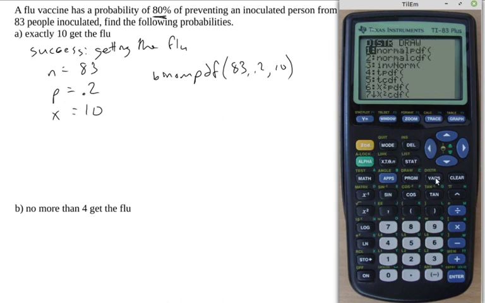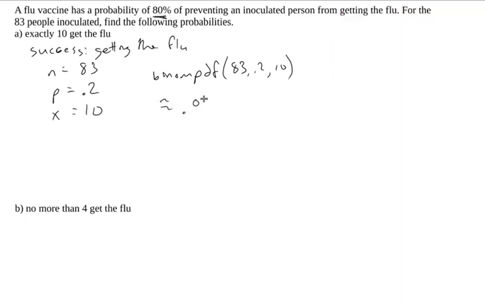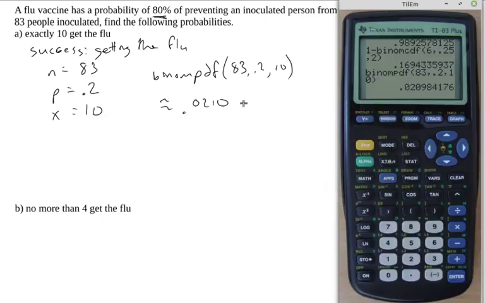So binomial PDF, 83, 0.2, 10, which gives us a probability of 0.0210, rounded to 4 decimal places.